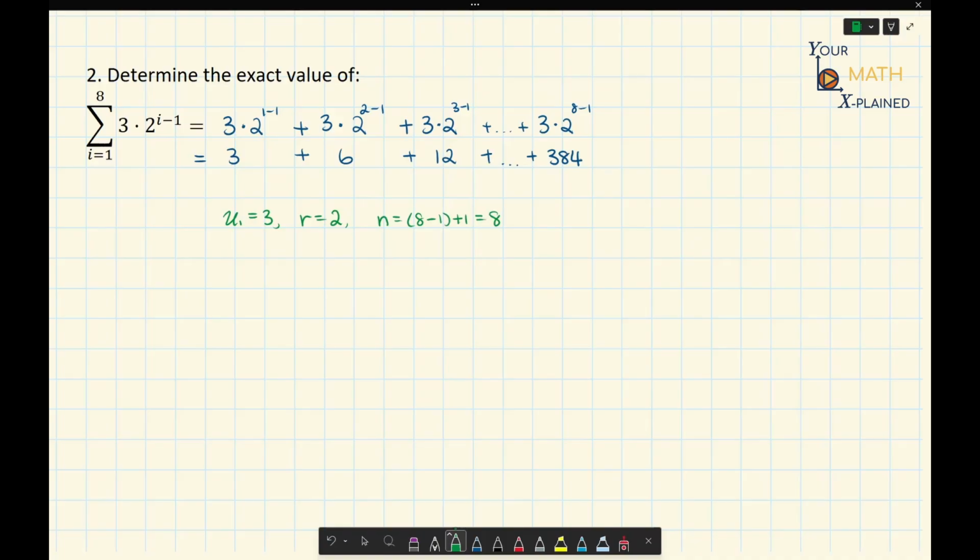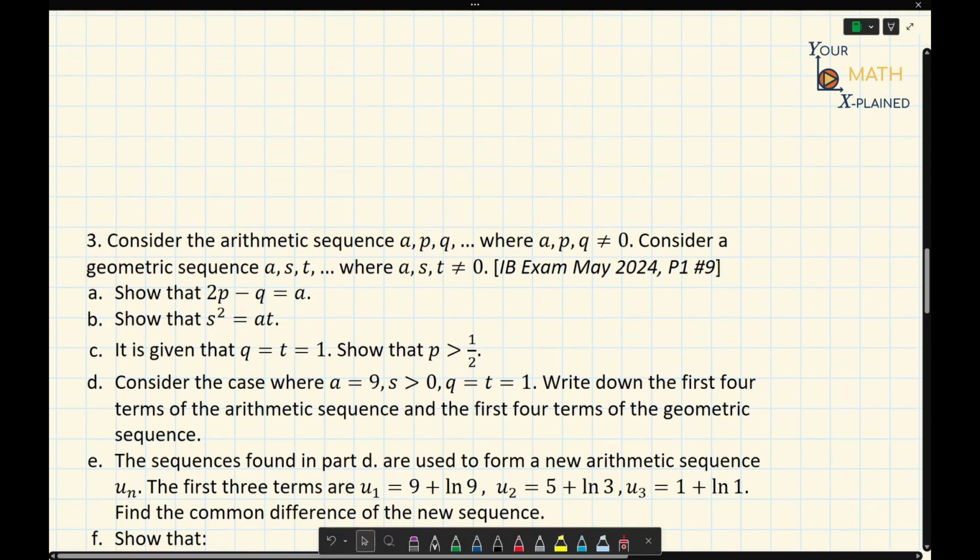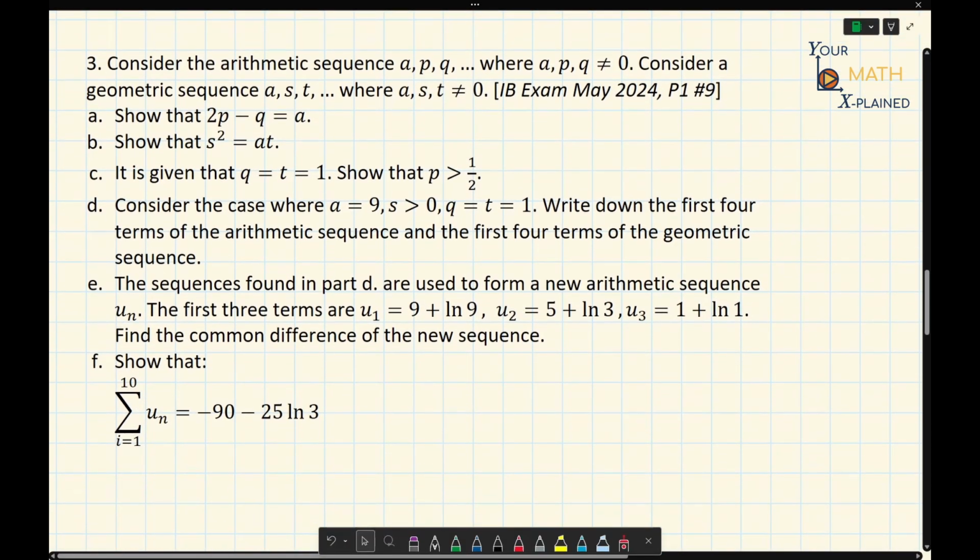So this is equal to 8, which means s sub 8 is going to be equal to the first term multiplied by r to the power of n minus 1 over r minus 1. And this evaluates to 765. So therefore, our answer here is 765.